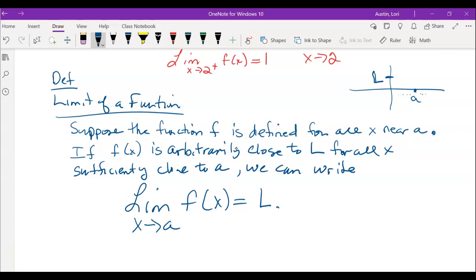Now, this is called a light version of the definition, for lack of a better word, a preliminary version of the definition. What makes this a light version? We use words like arbitrarily close, sufficiently close. There's a whole chapter on it. We don't do it in Calc 1. If you were taking the honors course, you can do it. And if you really want it to be in the honors course, you are free to read through section 2.7.